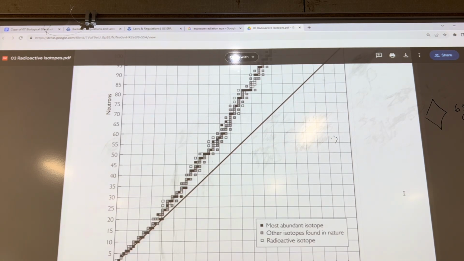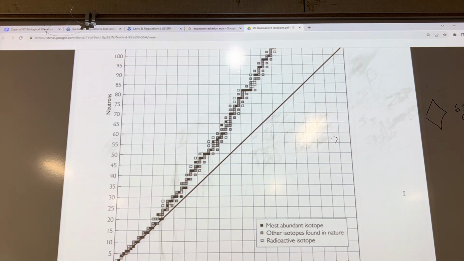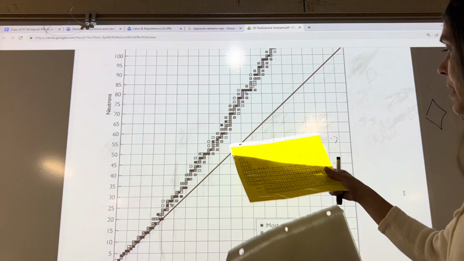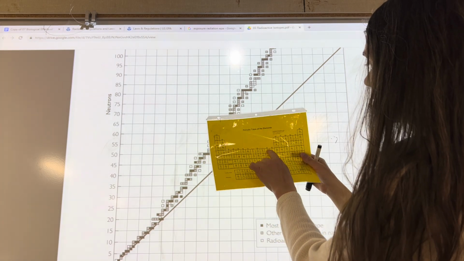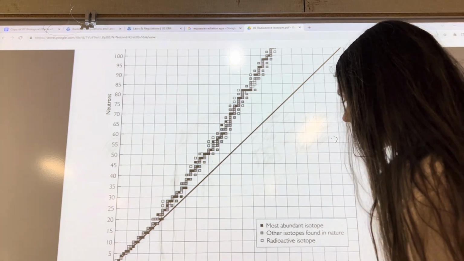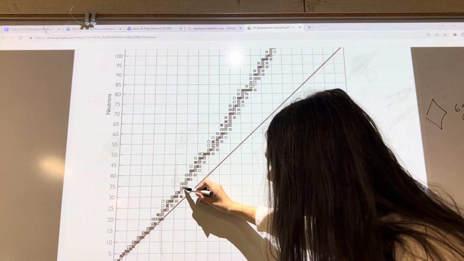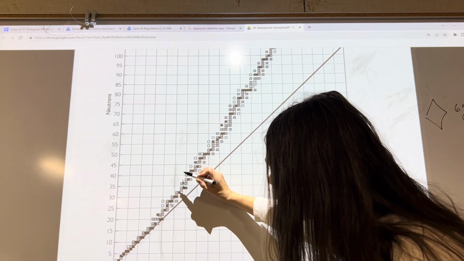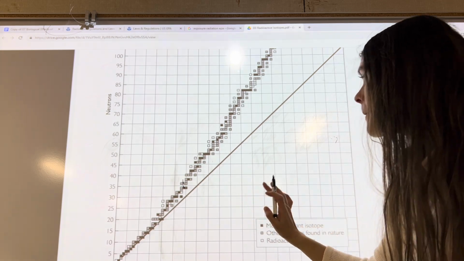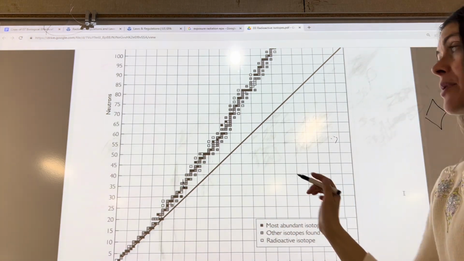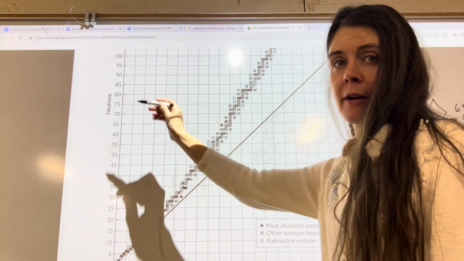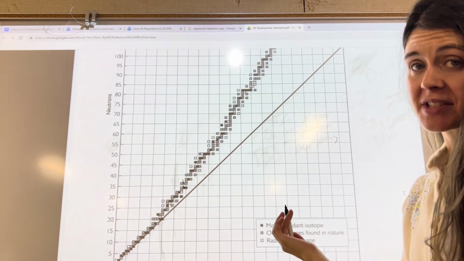You're not expected to know this. I have to find copper. Copper, Cu. Protons, 29. So I'm going here to find 30, and I go 1 over to 29. I see the isotopes that are copper right there. Do you remember this neutron number is added to our proton number to give us the mass?